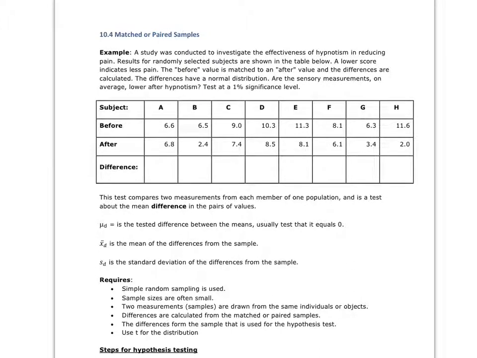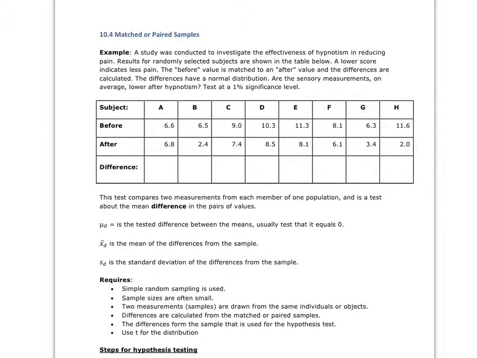So here, this is where we don't have independent samples, right? We have one sample that we're getting 2 measurements from, and from this, we want to compare means from those 2 measurements. What we're actually going to do a test on is the difference between one measurement and the next for individual members of the sample.